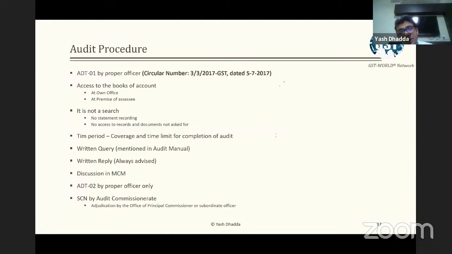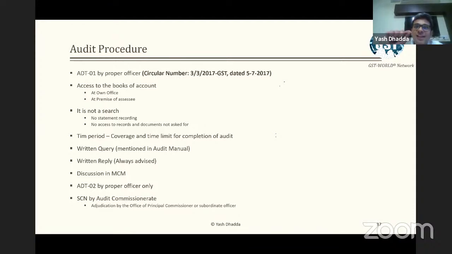For that there is circular 3/3/2017. Meaning, if it is written that the superintendent is going to be the proper officer, then the superintendent basically has to issue it. If the superintendent is not the proper officer and let's say the AC is the proper officer, maybe in case of state, I am talking from the perspective of the center where the superintendent can issue it. If he is not the proper officer, then probably things are going to change.